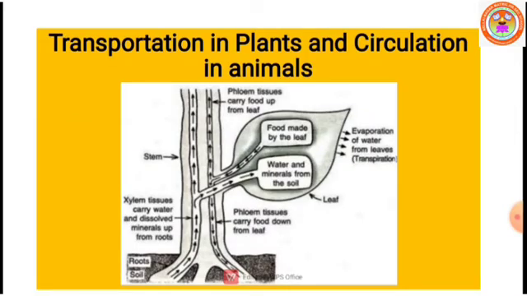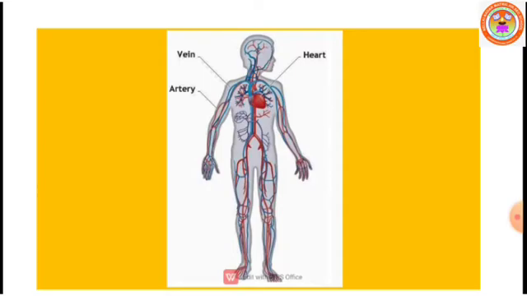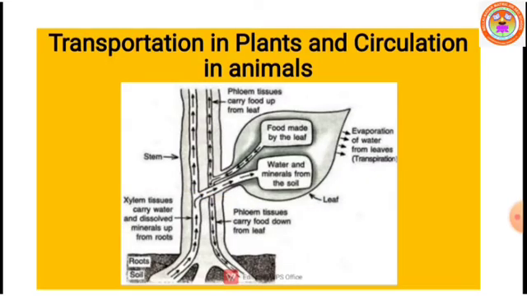Dear students, in this unit, as a learner, you are going to learn how the water and minerals move from soil to the plant, and also how the prepared food by the leaf is transported to various parts of the plant, and also you are going to learn the role of osmosis and transpiration one by one. Let us get inside the lesson.